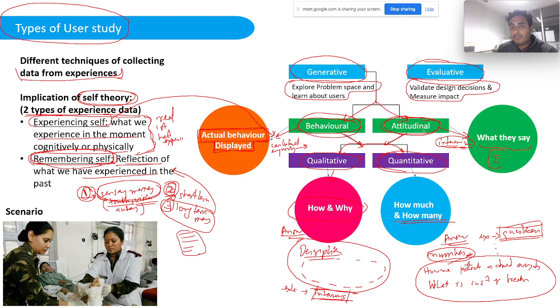Similarly, the same is true with an attitudinal study. We can conduct an attitudinal study and then again look for either a qualitative or quantitative set of data. Okay, clear?